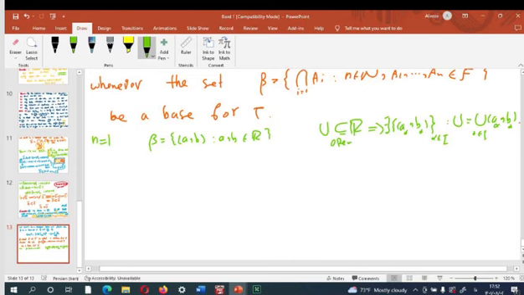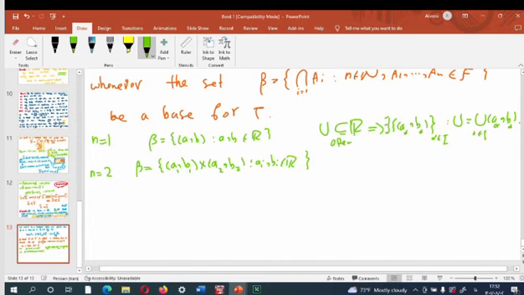And in the case n equal to 2, this is a base: the set of all products of open intervals such that these are real numbers.